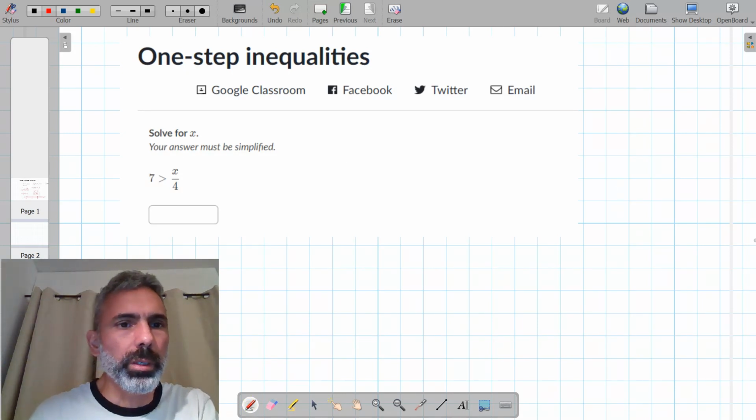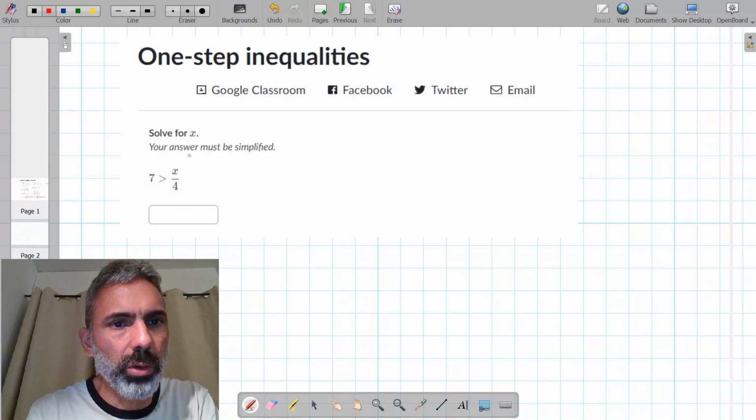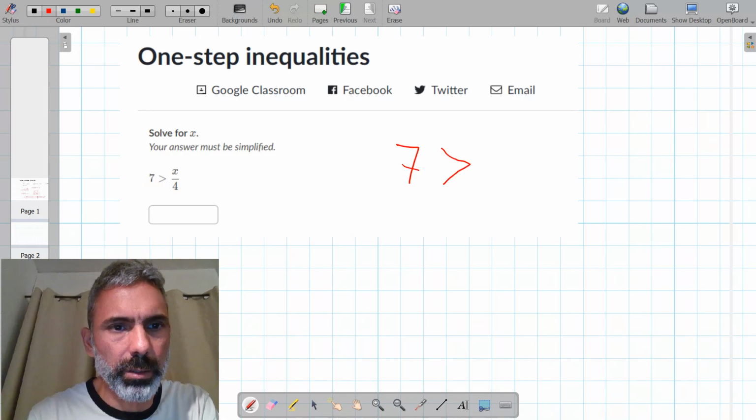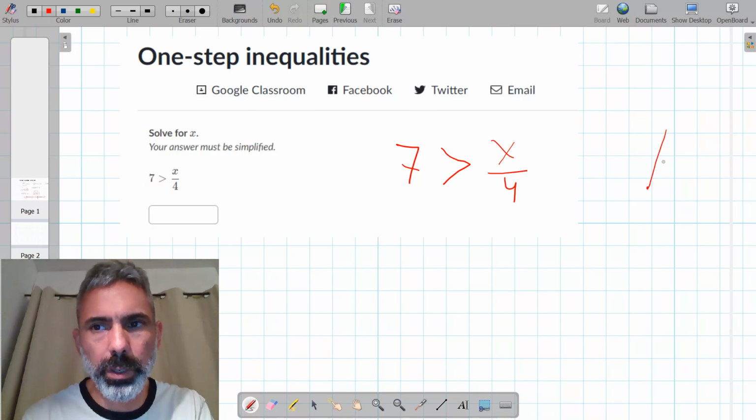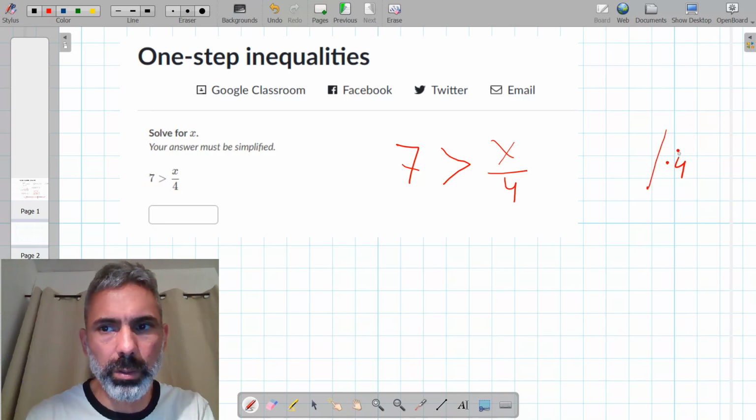Next inequality is solve for x. Your answer must be simplified. The inequality says 7 is greater than x divided by 4. To isolate the x, we multiply both sides of the inequality by 4.